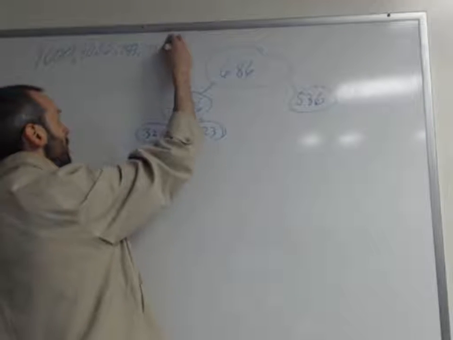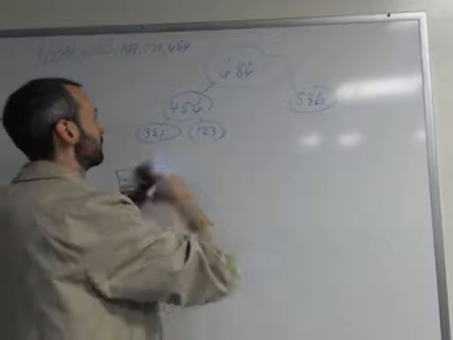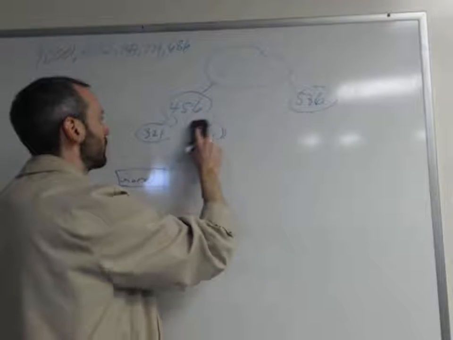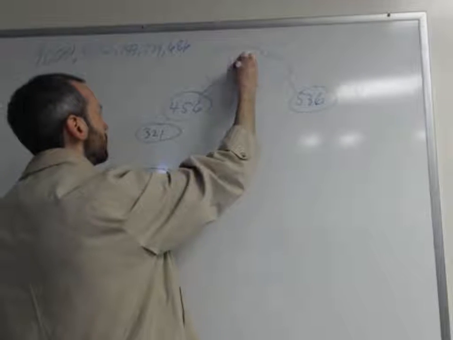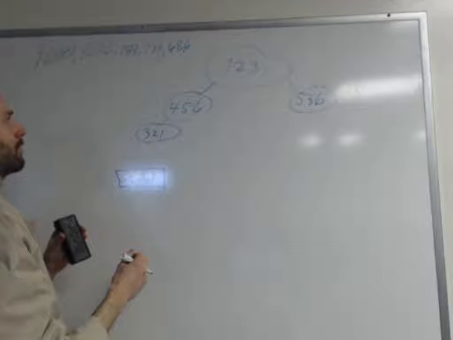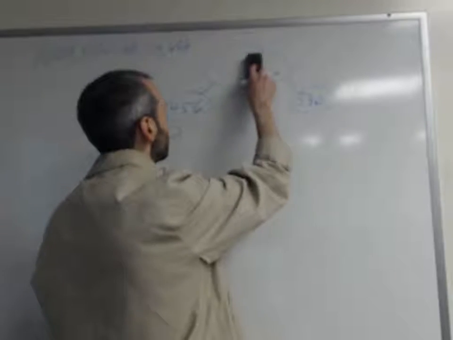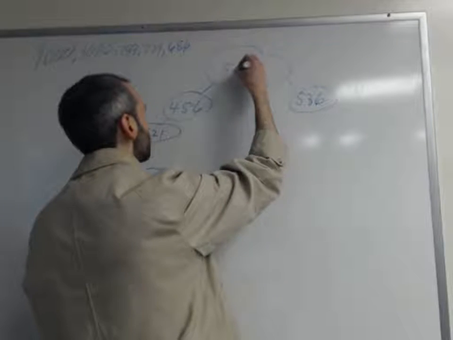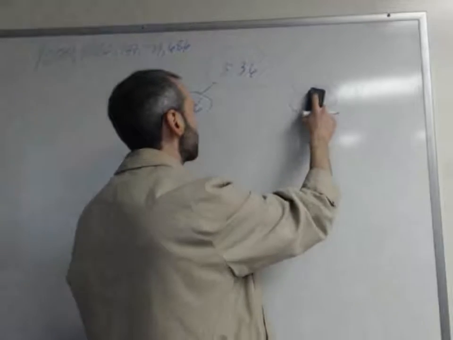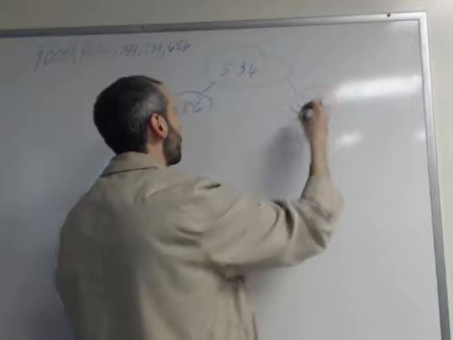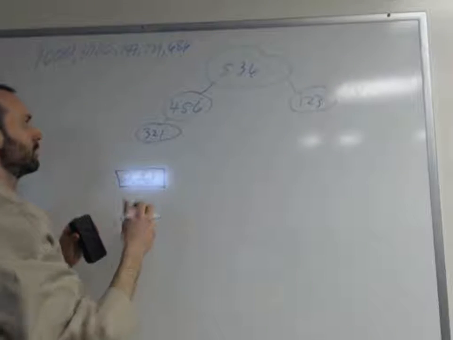Remove the root again. Put the 1, 2, 3 up there. Do I need a swap? Yes. Who am I swapping with? 536. Am I done? Yes.